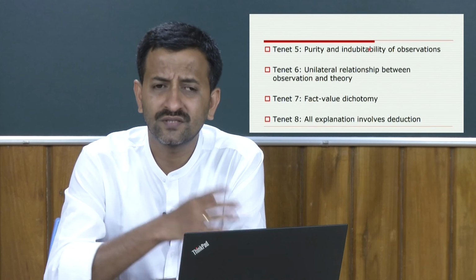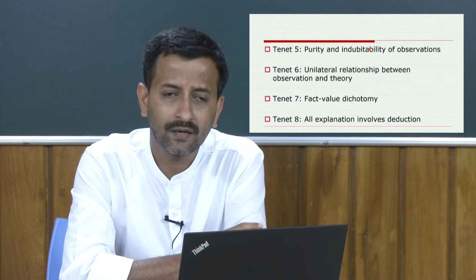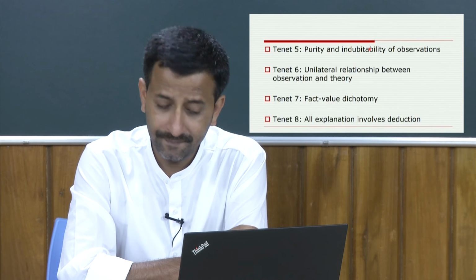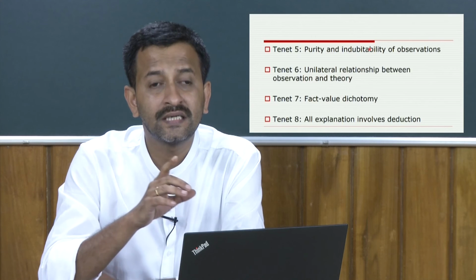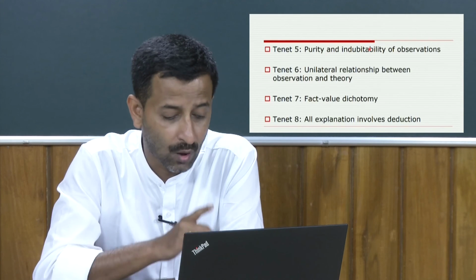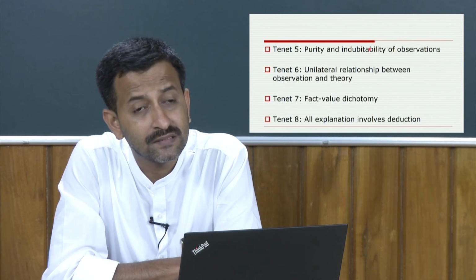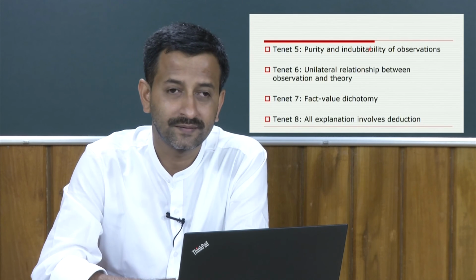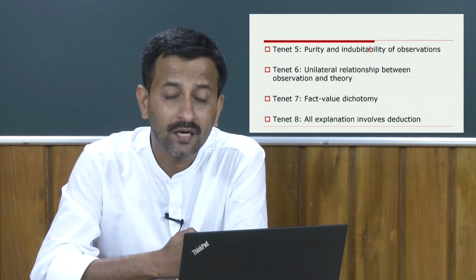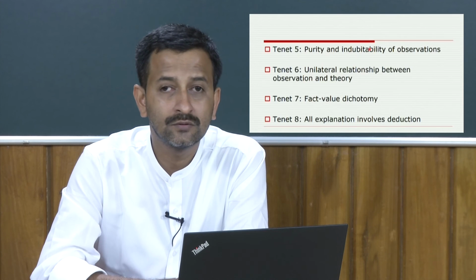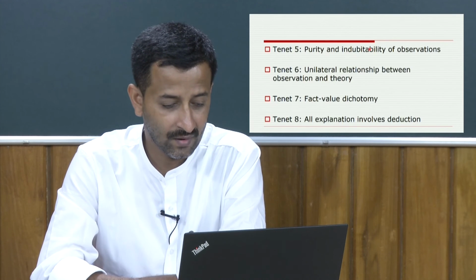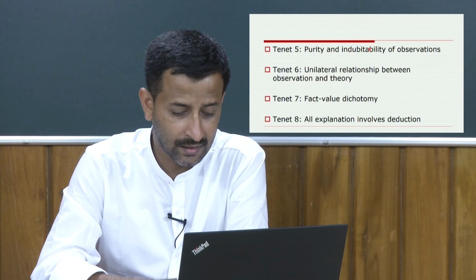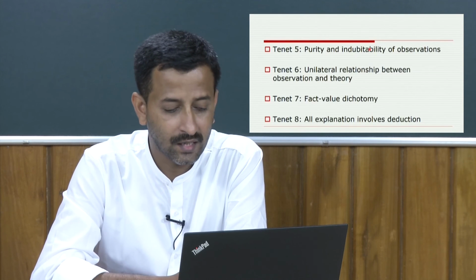Positivists asserted that scientific observations are in principle theory free and therefore are indubitable, they cannot be doubted. Scientific observations, or facts, are prior; theories are not prior. Observations are prior, facts are prior to the formulation of theory. Okay? Theories, which are their interpretations, are posterior.